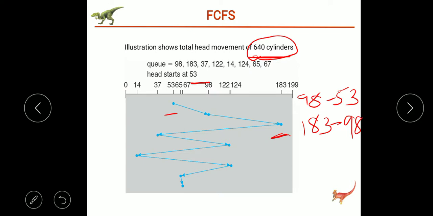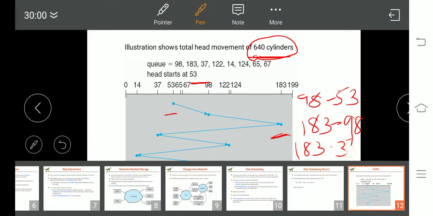Then from 183 it comes back to 37. Don't take 37 minus 183, because you will get a negative answer and head movement cannot be negative, so take the bigger number: 183 minus 37.